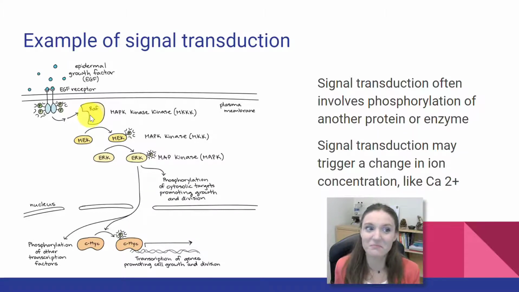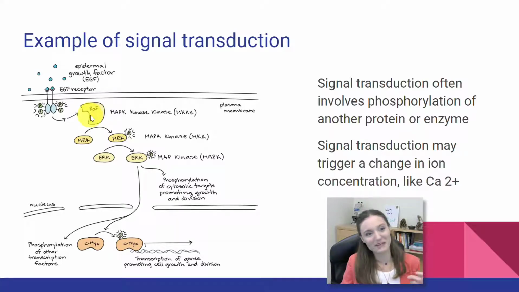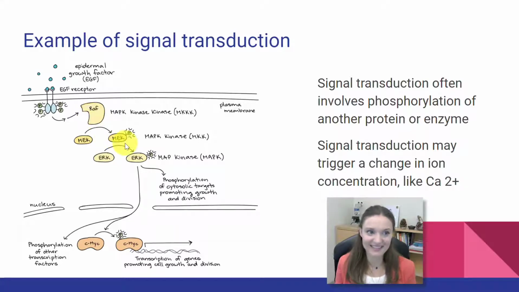MKKK, MAP kinase. Kinase is the name of an enzyme. Basically what that does is that then activates another MAP kinase and then another MAP kinase, right? And they activate each other by adding on a phosphate group, just that one phosphate group. And then once that's phosphorylated, it'll phosphorylate another enzyme.